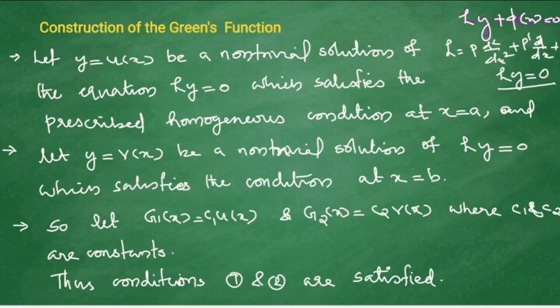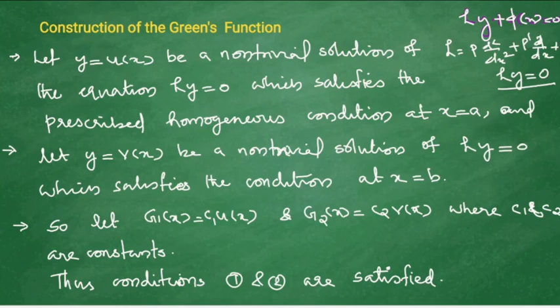A multiple of u of x can also be the solution. So generally we will take g1 of x as c1 into u of x and g2 of x as c2 into v of x, where c1 and c2 are any constants.